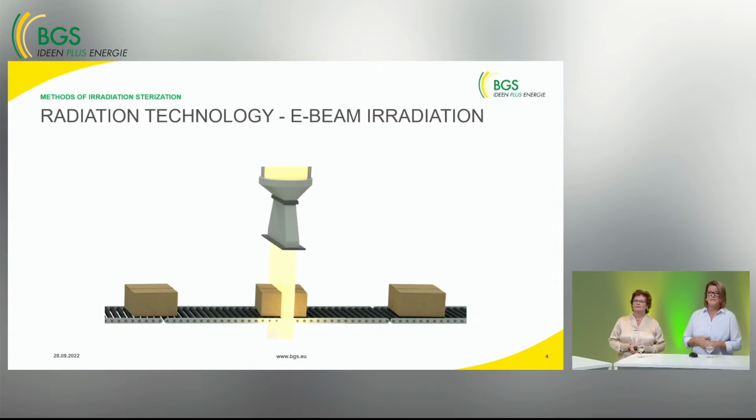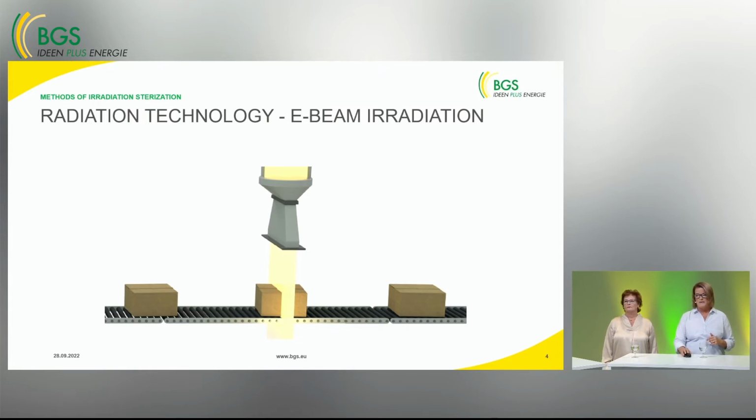Let's consider eBeam irradiation. What does that mean? Electrons are emitted in a hot cathode and then accelerated to a very high velocity in a high vacuum by means of a strong electric field. Upon leaving the accelerator, the electron beam is deflected by a magnetic field onto the product in lines at a high frequency.